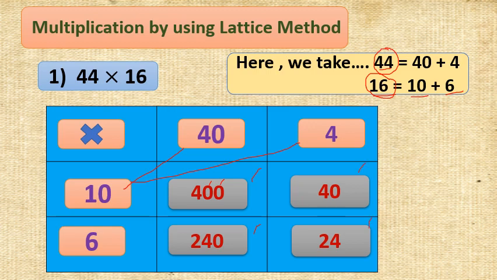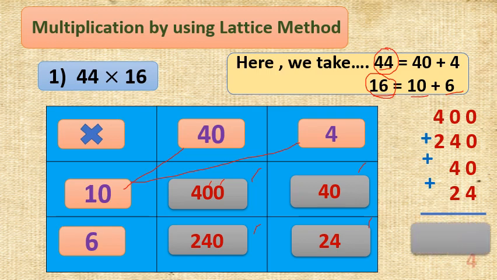All 4 numbers we will write in order and we will add that. In the vertical form we will write 400 plus 240, because they are 3-digit numbers. So I have written one below the other. Then 40 plus 24. Now we will add this.